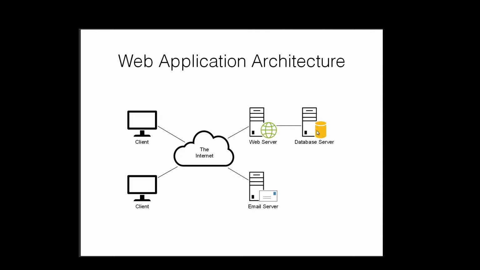So the database server obviously houses the databases and provides a connection to them. There are a lot of different reasons that we do this. One of them is for security, one of them is for performance, and there are others, but it's always good to separate the web and the database on two physical machines if you can. And we'll spend some more time talking about why that is later.